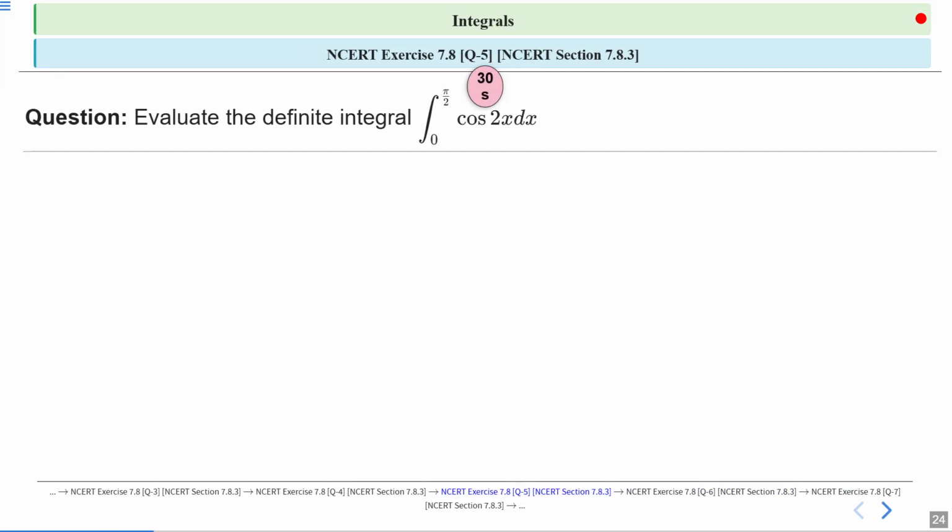Now evaluate the definite integral from 0 to π/2 of cos 2x dx.